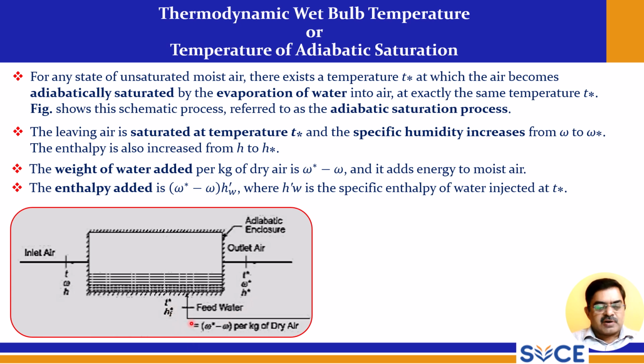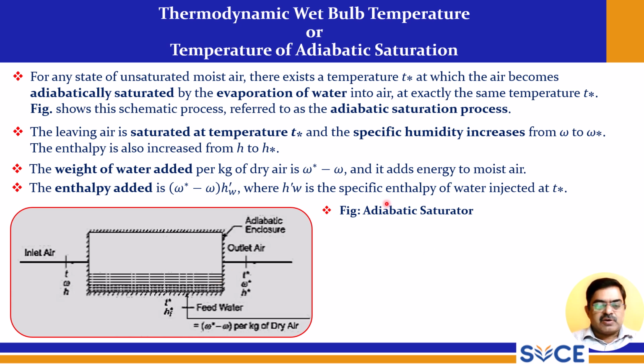And the heat added is calculated between T, omega, H and T star, omega star, H star, which is omega star minus omega per kg of dry air. And this is the adiabatic enclosure or adiabatic chamber where no heat transfer takes place.